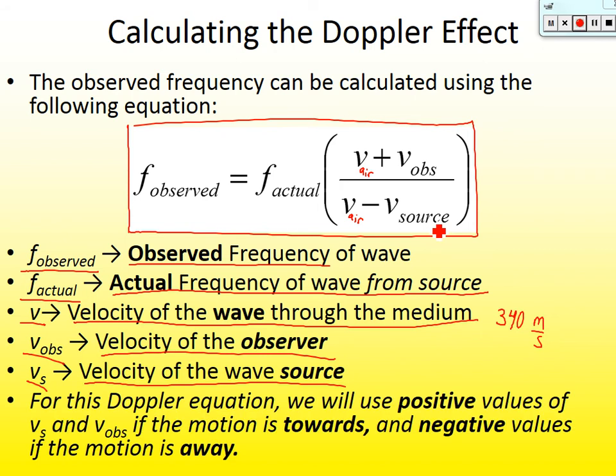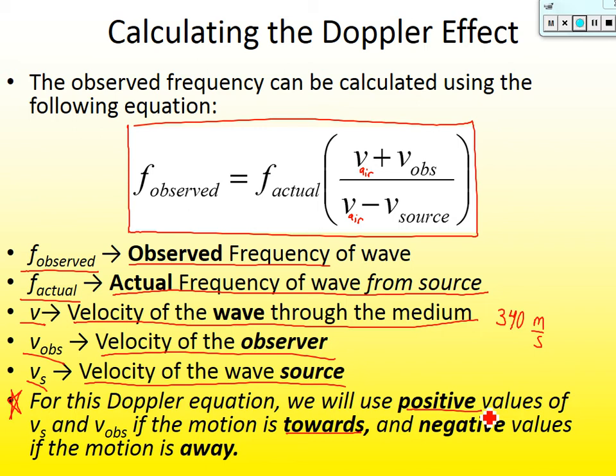Now, this is a very important part. I want you to put a star by this one. I've got it in your guided notes. It says for this Doppler equation, we will use positive values of Vs and v_obs if the motion is towards each other. So if they are moving towards each other, we're going to use positive velocity values.